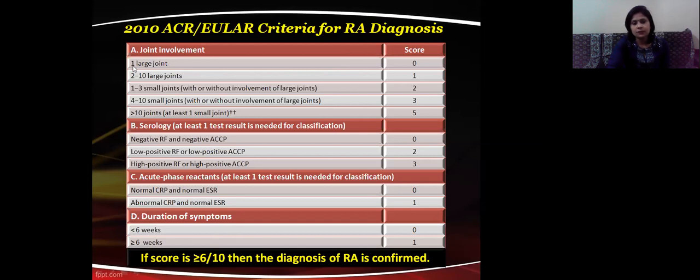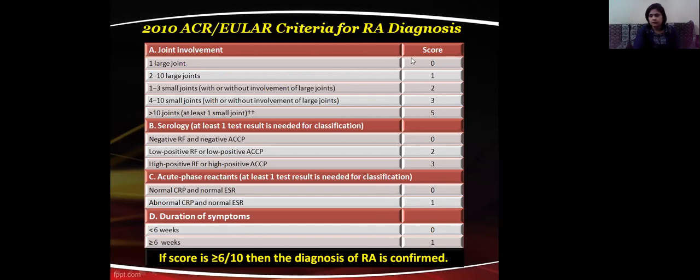If any one large joint is involved, there will be 0 score. If 2 to 10 large joints are affected, then you may give 1 score. If 1 to 3 small joints with or without involvement of large joints are there, then you will get score 2.